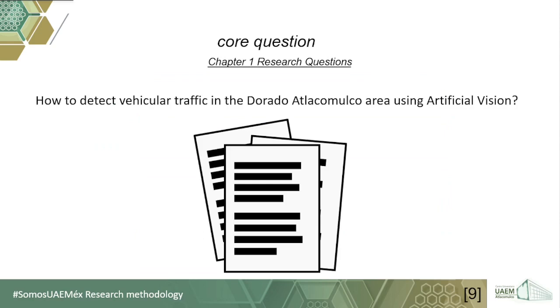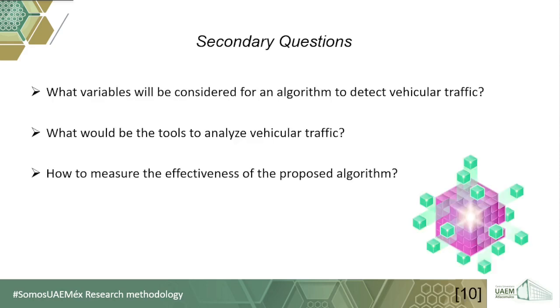The core question is how to detect vehicular traffic in the El Dorado Tlacomulco area using artificial vision. Our secondary questions are: what variables will be considered for an algorithm to detect vehicular traffic?